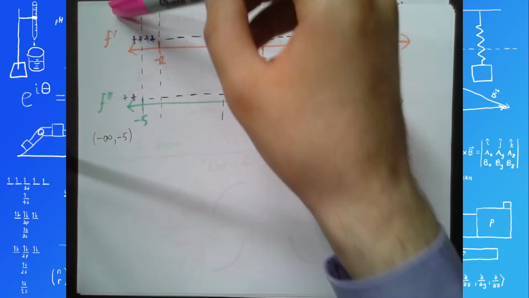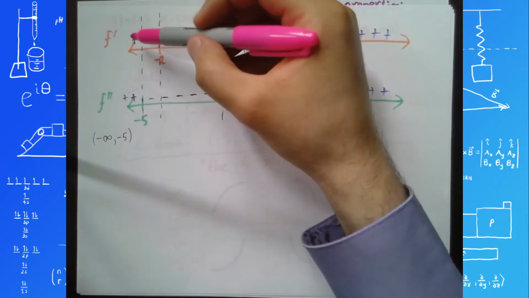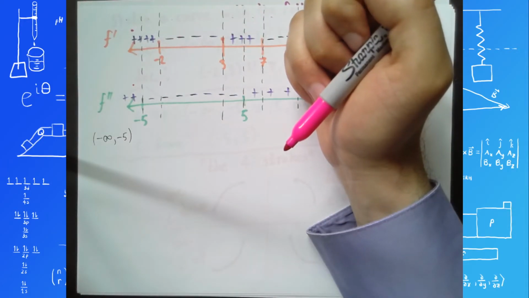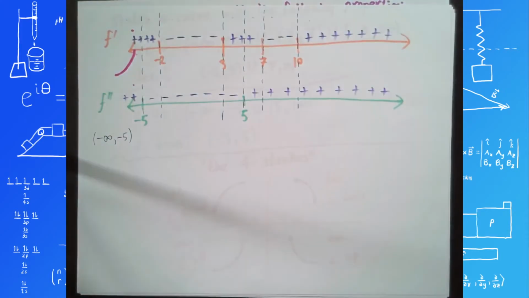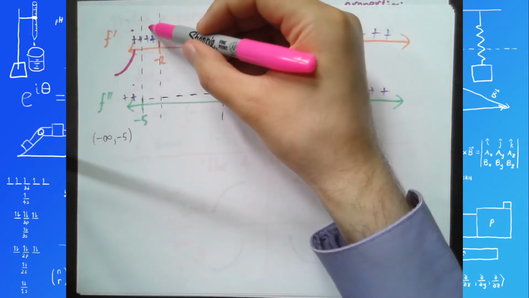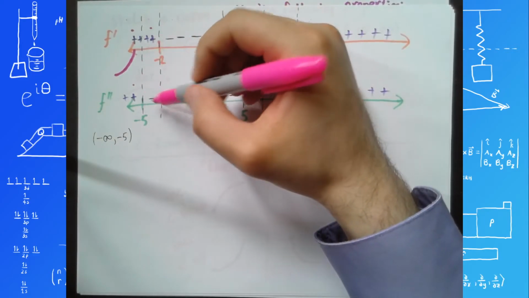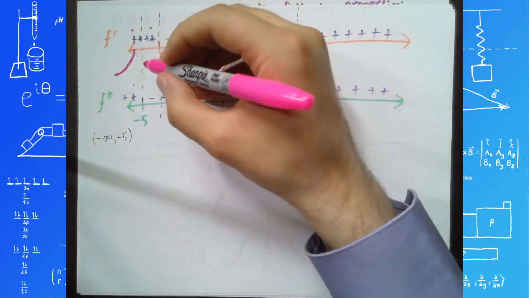So in this first region, from -infinity to -5, we've got increasing concave up. That would look like this. Then we've got increasing concave down. Between -5 and -2, we've got a positive first derivative and a negative second derivative.